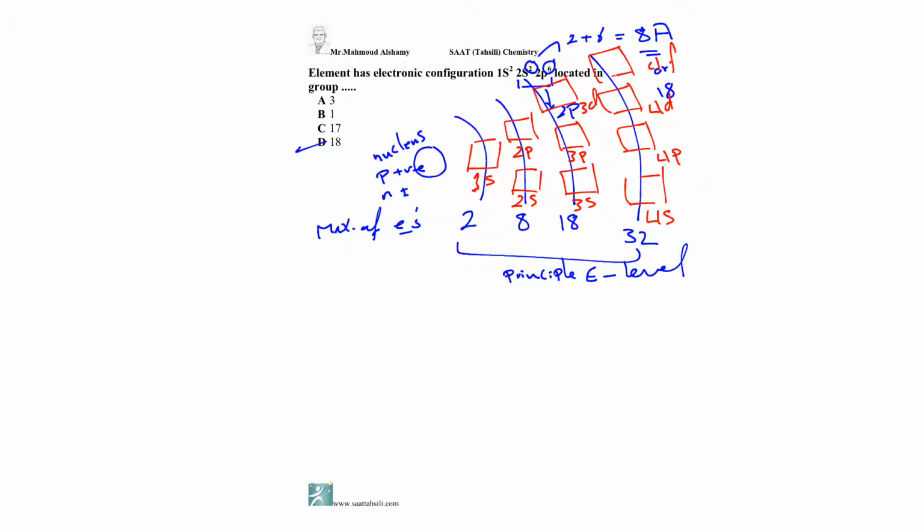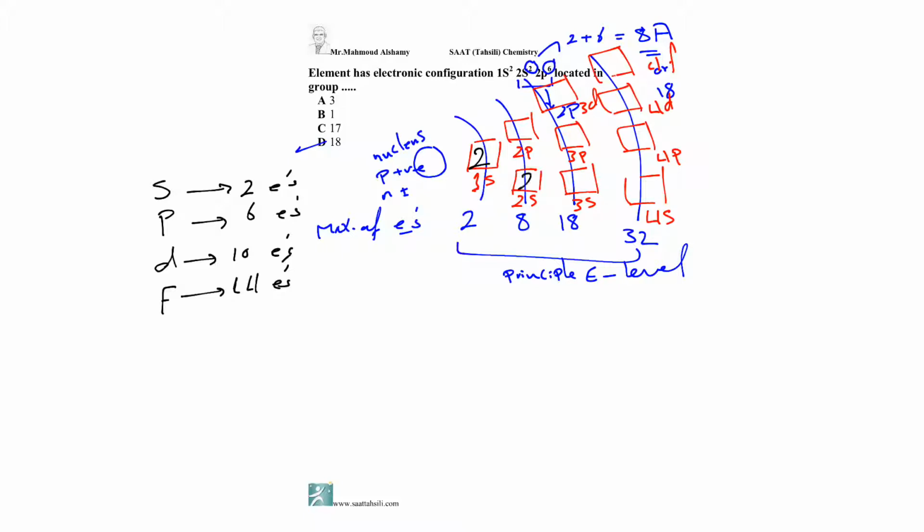Keep in mind the s sublevel is occupied by only 2 electrons, and the p sublevel is occupied by 6 electrons. This is the maximum number of electrons that can be occupied in each room, or each sublevel. And the d sublevel is occupied by 10 electrons, and the f sublevel is occupied by 14 electrons. So the first level is occupied by 2, in s.